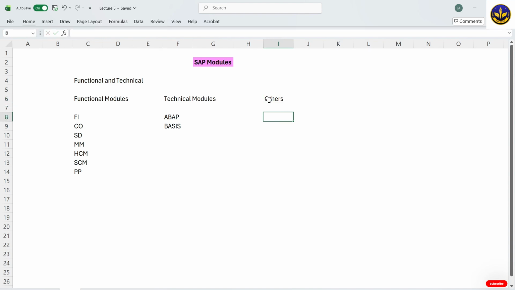Others are like TM, BW, GRC, CRM, PI, PO, MDG, and so on.